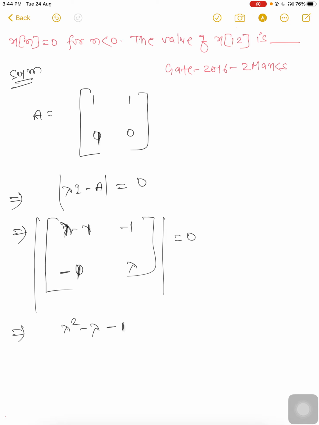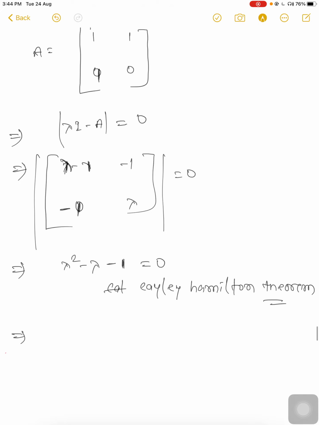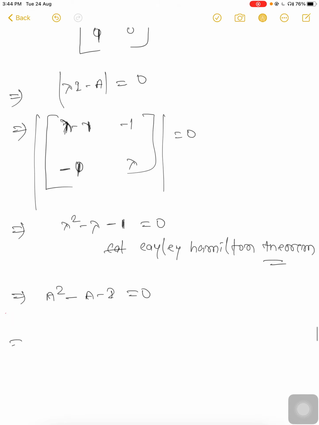So lambda square minus lambda times (1 plus a) minus 1 equals 0. Here you will get minus 1 equal to 0. From the Cayley-Hamilton theorem, we will get A square minus A minus I equal to 0.